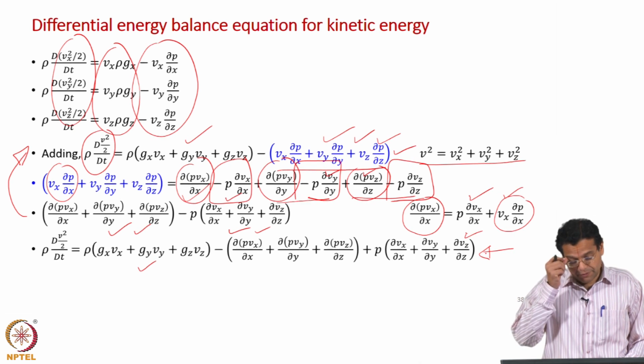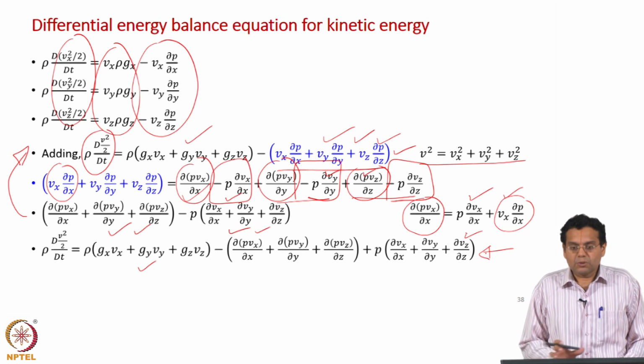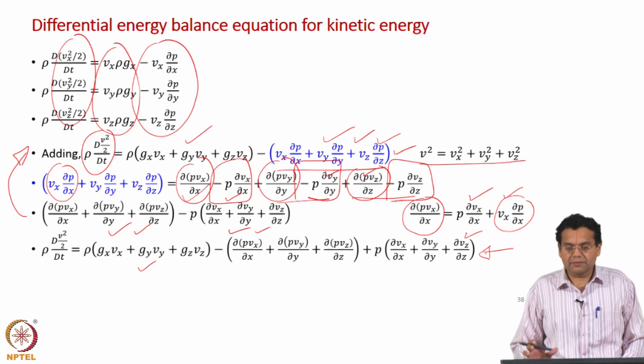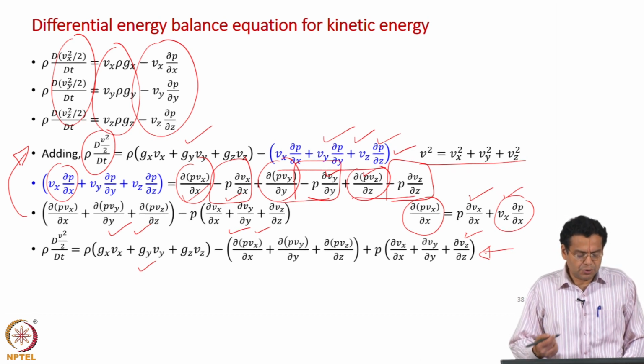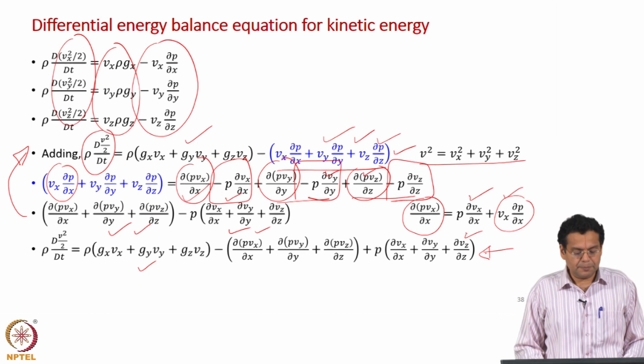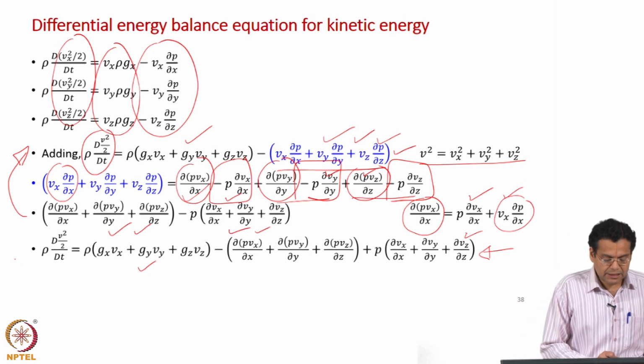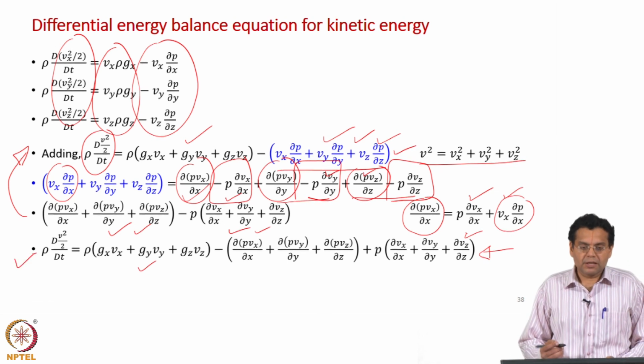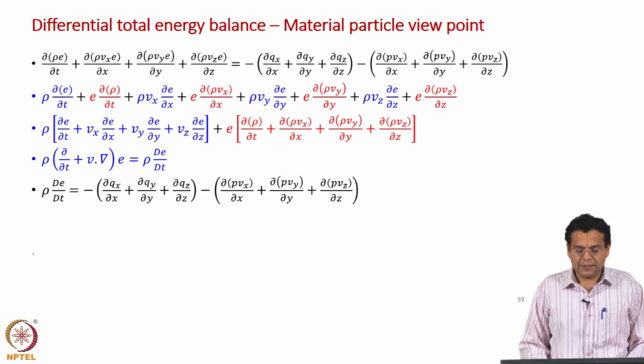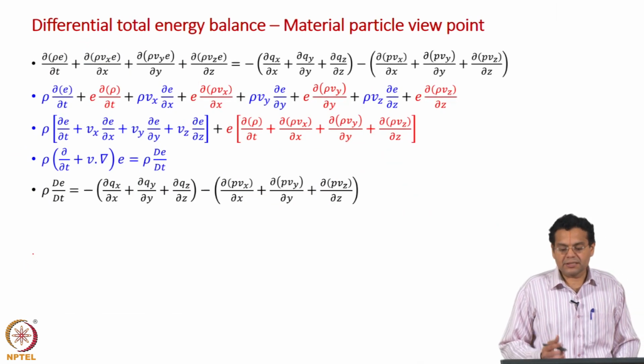Now, what we will do is look at the physical significance of each of the terms here. To help us look at the physical significance of each term, we will re-express this from an Eulerian viewpoint. Just to help us, I recall a slide which we just now did.